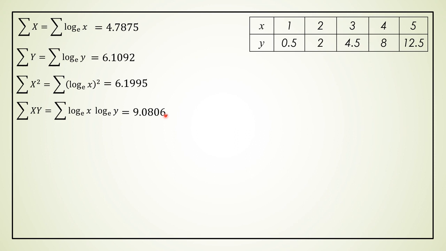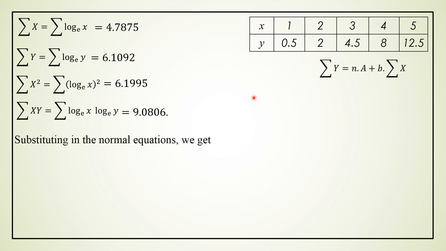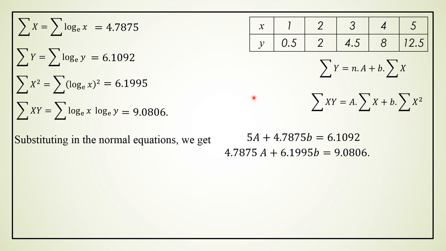Substitute all these summation values in the normal equation so that you are going to get a simultaneous equation of the form 5A. Okay, n is 5 here because they have given you 5 observations. So 5A plus b into summation X, that is 4.7875b, that is equal to summation Y, that is 6.1092.